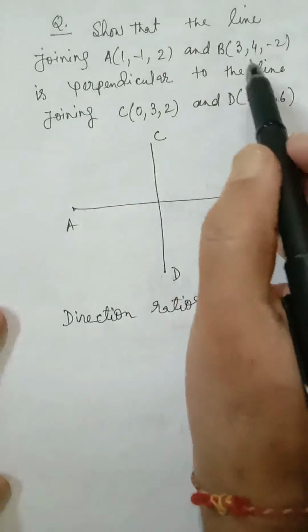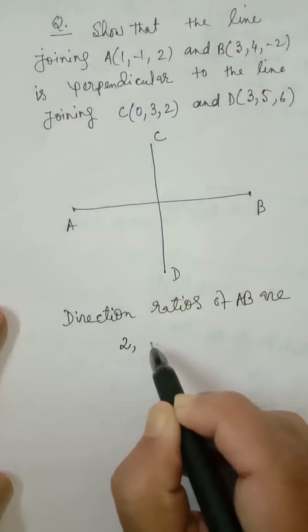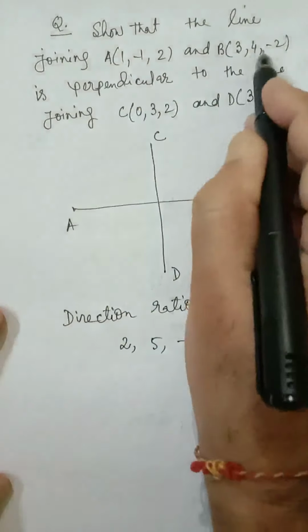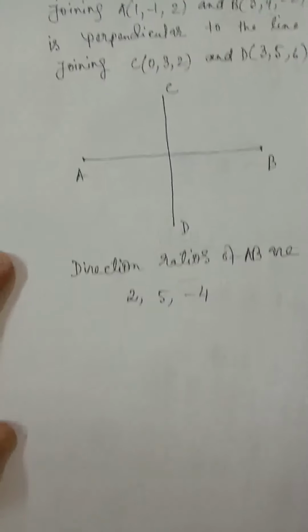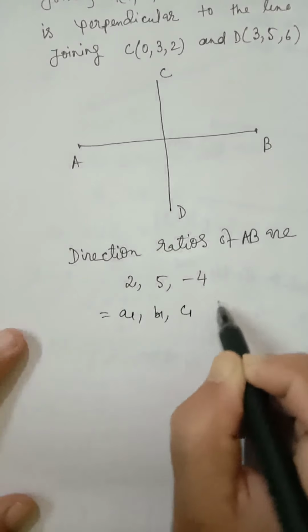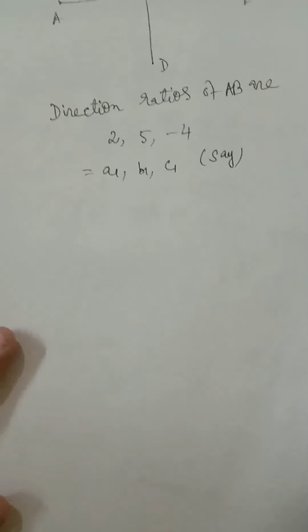Direction ratios of AB are x2 minus x1, it will be 2, 5 and minus 4. x2 minus x1, y2 minus y1, z2 minus z1 equal to a1, b1 and c1. Next, direction ratios of CD.